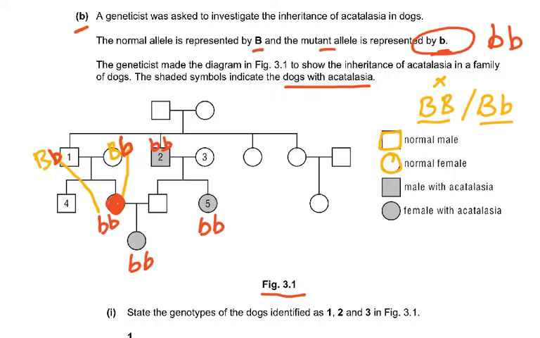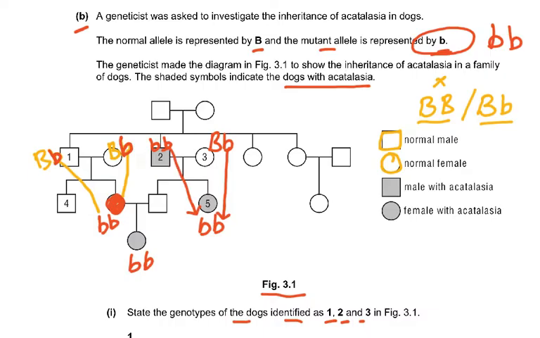So they've asked you to state the genotypes of the dogs identified as 1, 2, and 3. So 1 is big B, small b, 2 is small b, small b, and 3 has to be what? Becomes very simple, because it has to be big B, small b. Why? Because one small b has come from this parent and one small b has come from this parent.